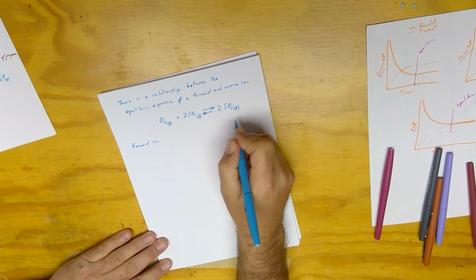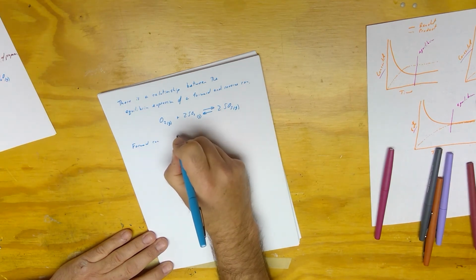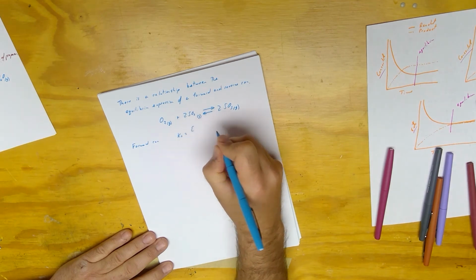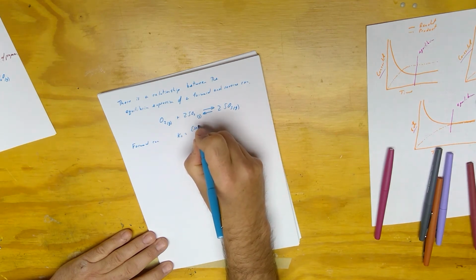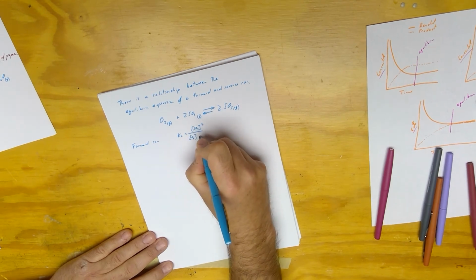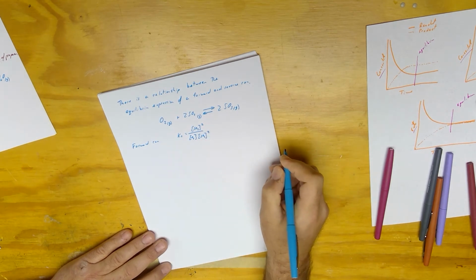If we calculate our equilibrium expression with the forward reaction, Kc is going to equal the concentration of SO3 squared all over the concentration of O2 times the concentration of SO2 squared.